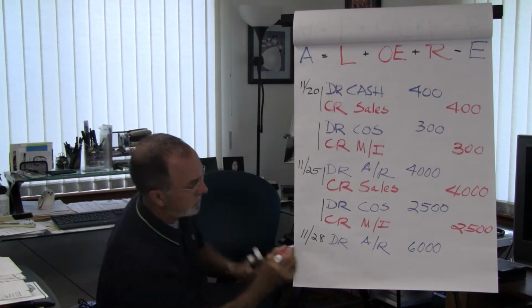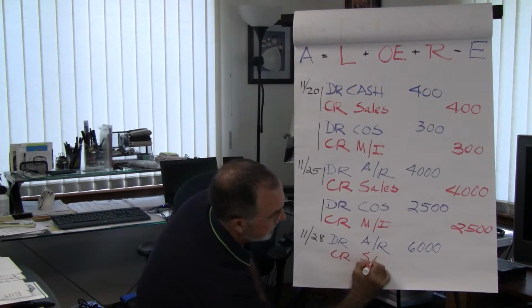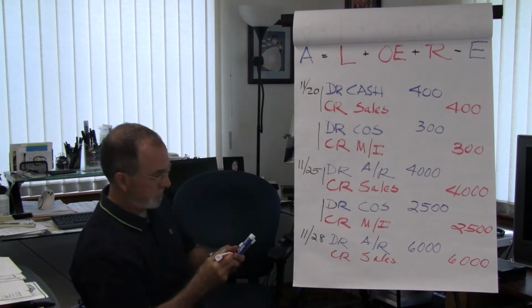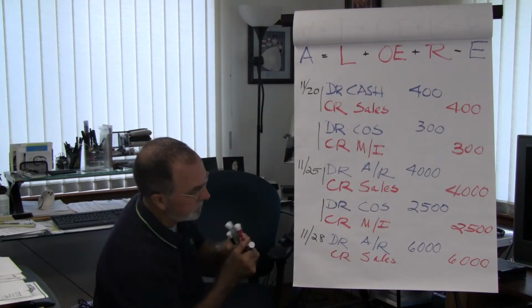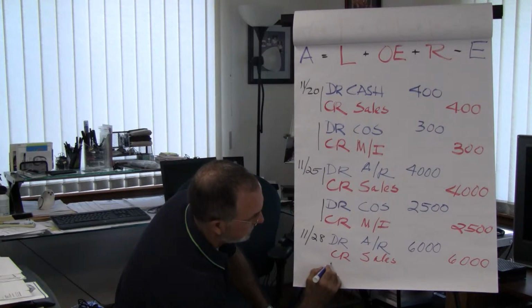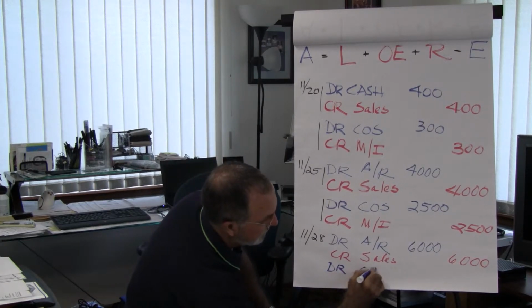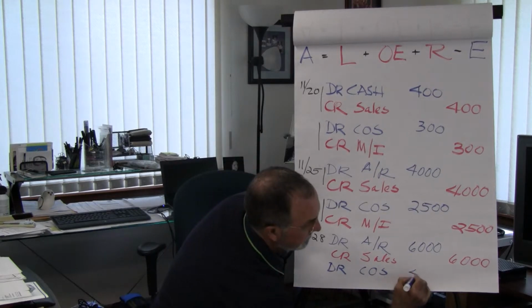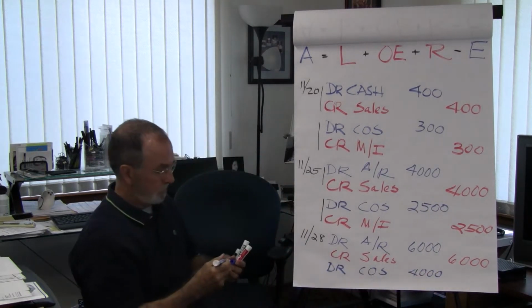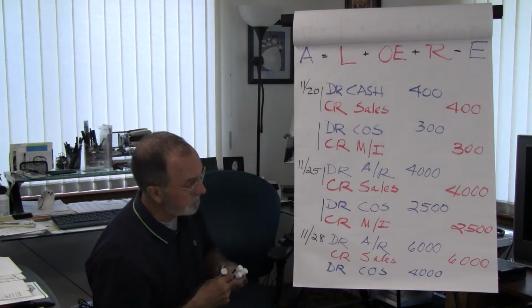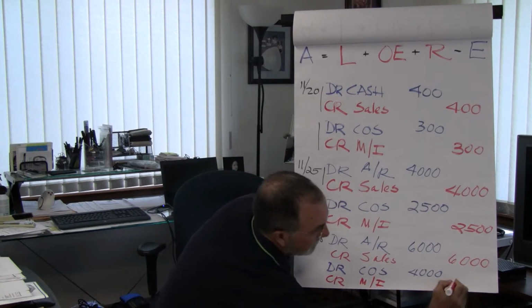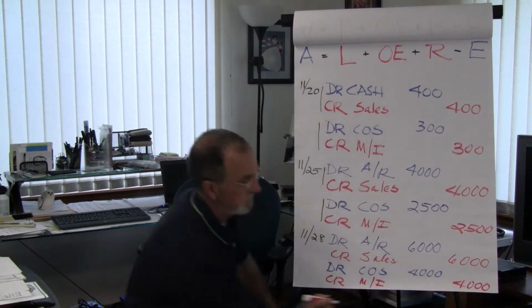And a credit to sales for $6,000 to record the sale, and then we record the cost of goods sold, or cost of sales, with a debit to cost of sales, and the cost of that sale was $4,000, with an offsetting credit to the merchandise inventory account of $4,000.